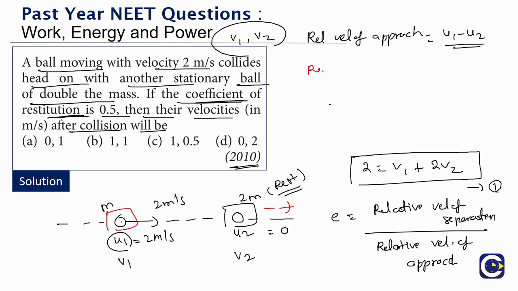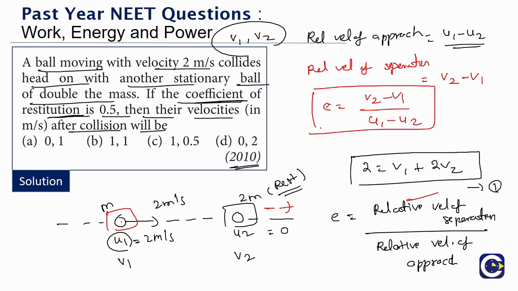So the relative velocity of separation will be v2 minus v1. The ratio of them is v2 minus v1 by u1 minus u2. This is a very important formula, remember it. This is the coefficient of restitution.